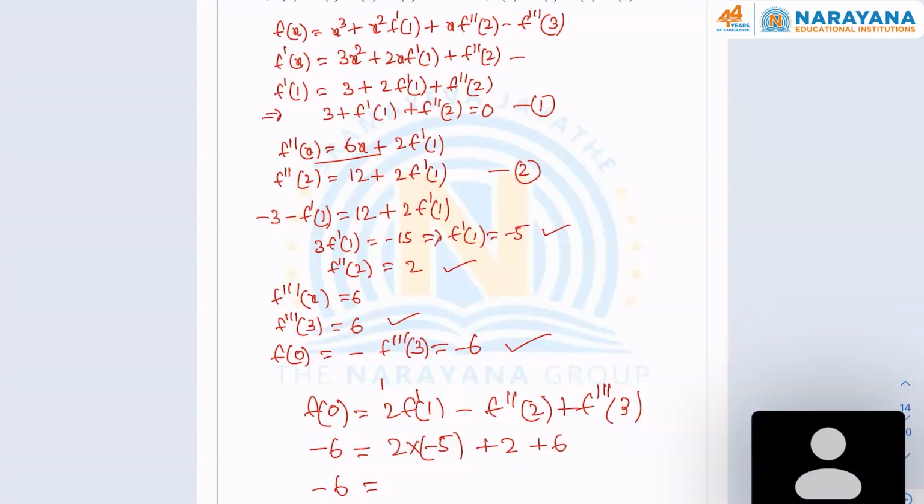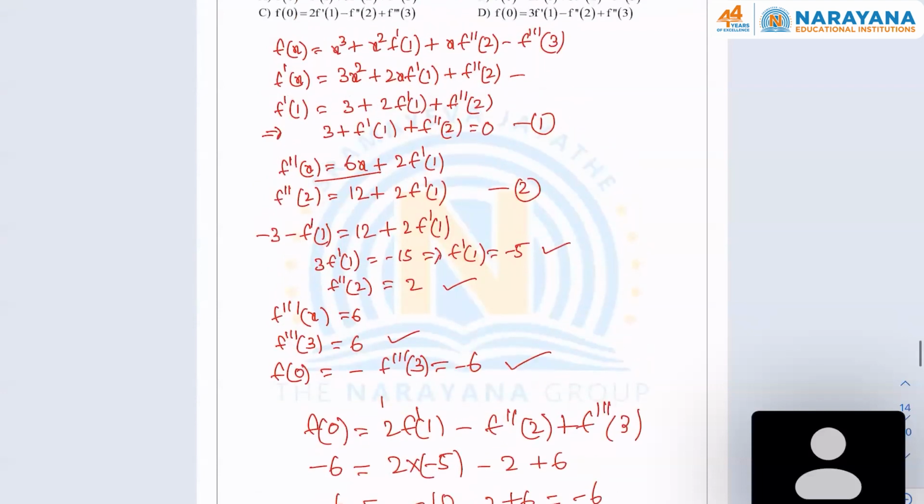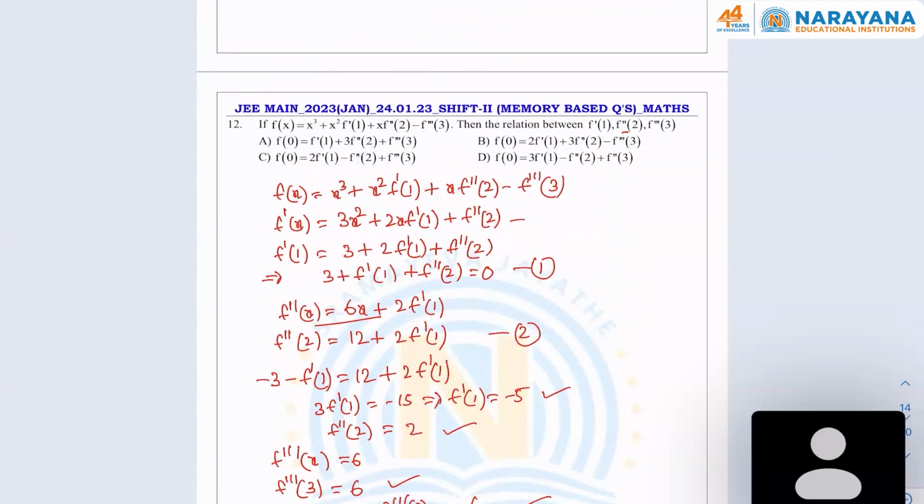Plus 6 we have. And here we have 2 into minus 5, which is equal to minus 10. f double dash 2 is equal to 2, right? So here you will get minus 2. So minus 10 minus 2 plus 6 is equal to minus 6. So both are equal. So option C is correct: f of 0 is equal to 2 into f dash 1 minus f double dash 2 plus f triple dash 3.